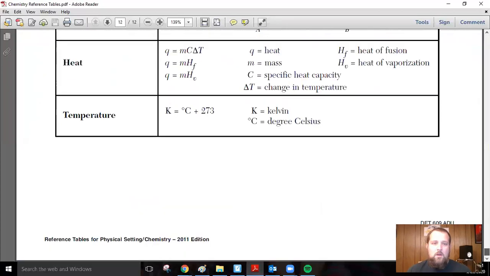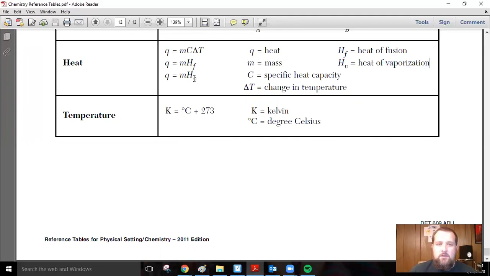So this first one, think F for freezing, even though it says fusion. Fusion is like another word for freezing, kind of like it's the particles fusing together and locking into place. And the easier one might be to remember the one with the HV stands for heat of vaporization, which is a catch-all term for boiling and evaporation.